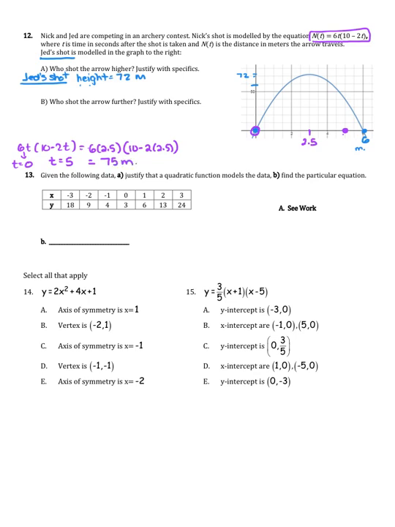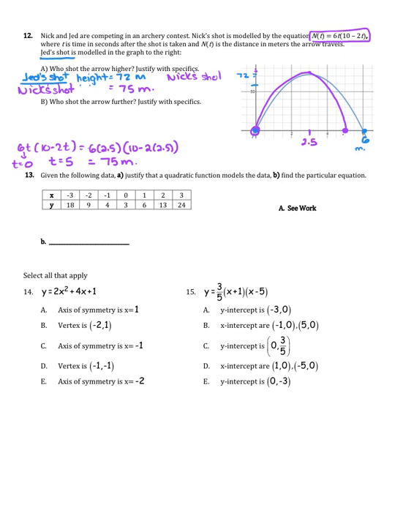So let's see, this was 72. So 75 is going to be a little bit above that. So here is Nick. So Nick's shot, his height is 75 meters. So who shot the arrow higher?